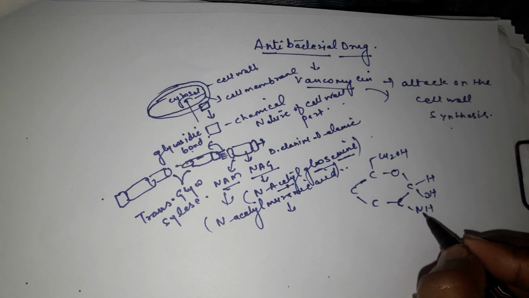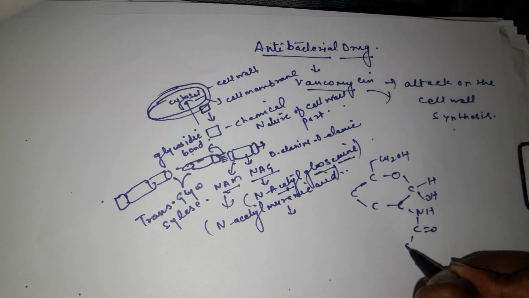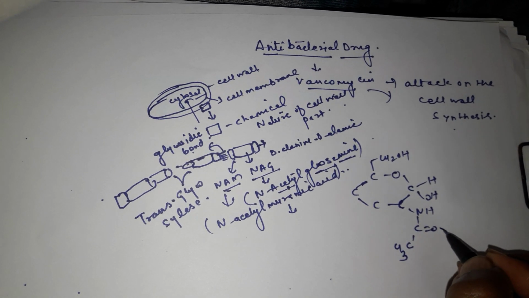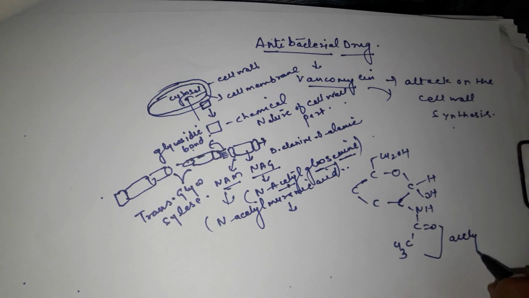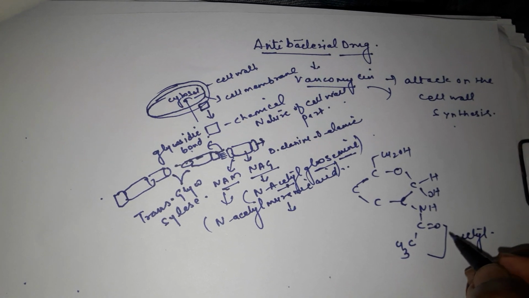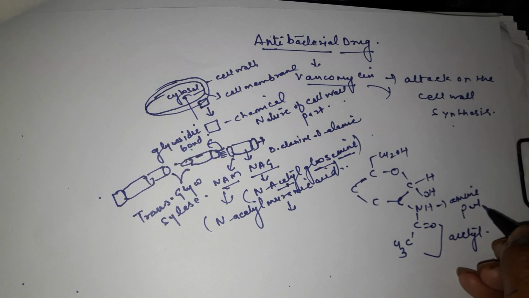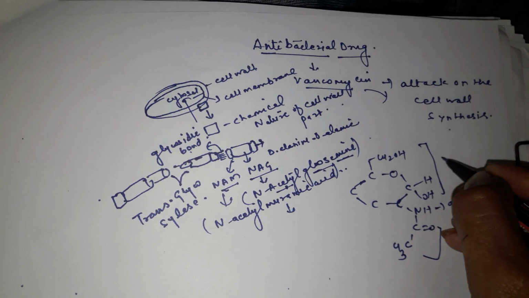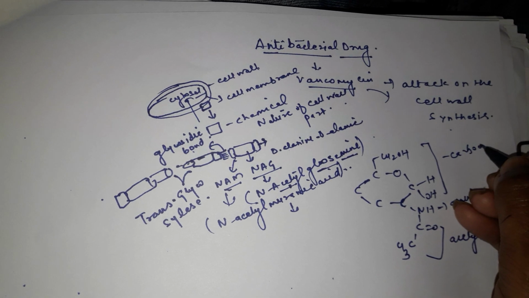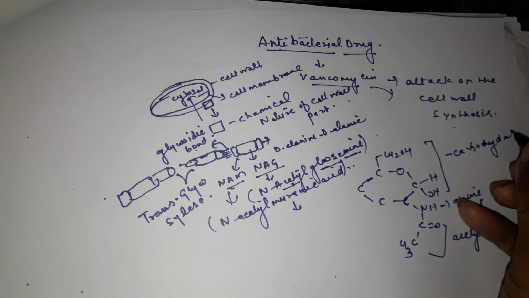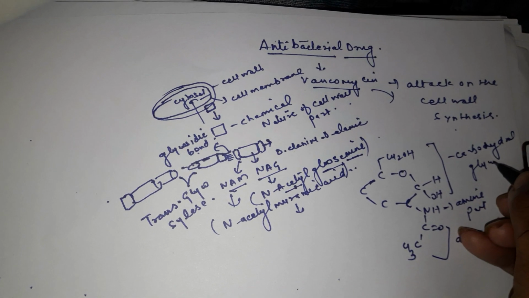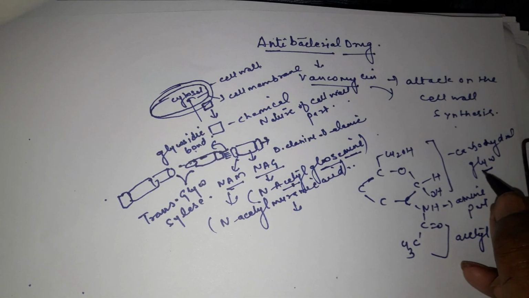The amine is joined through the acetyl part. So this is the acetyl part of the NAG, and this is the amine part. This is the carbohydrate part, and carbohydrate here means glucose.